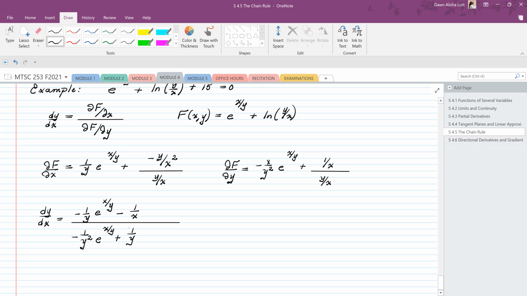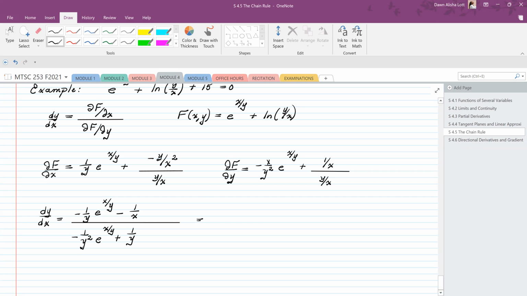And there really is no way to make this nice. I can multiply everything by y squared x, but that's what it is. Are both of these negative?